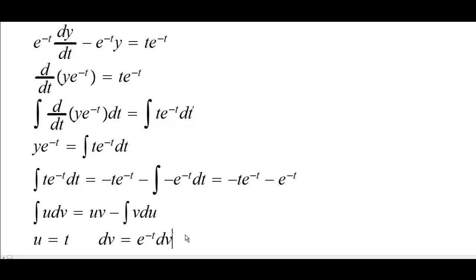Is everybody clear on this? Makes sense? So this is the rule for integration by parts, right? What I did was I took u as t and dv as what? This portion, right? Makes sense?